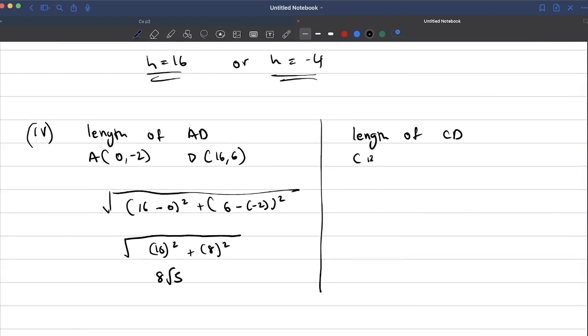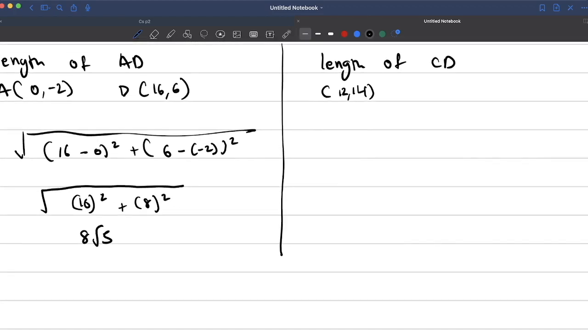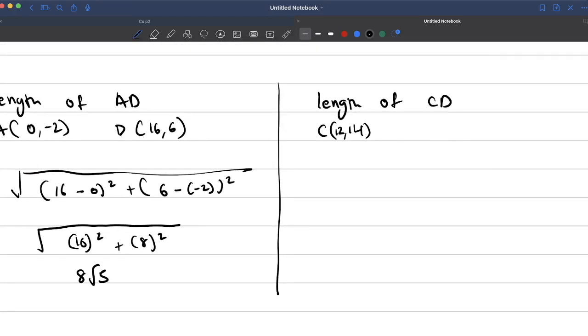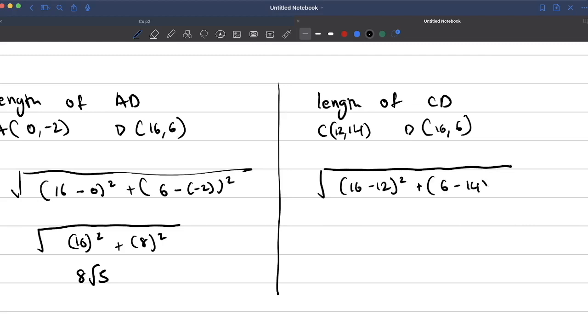The coordinates for D were (16, 6). We need to find the length, so use the same thing: root of (16 minus 12) squared plus (6 minus 14) squared. Let's use my calculator for this. That shall be 4 root 5.